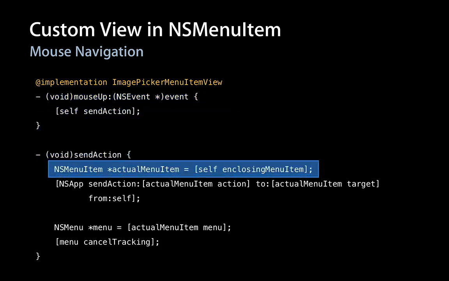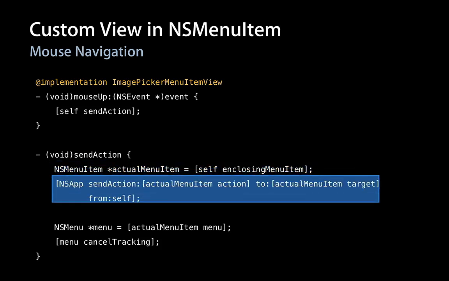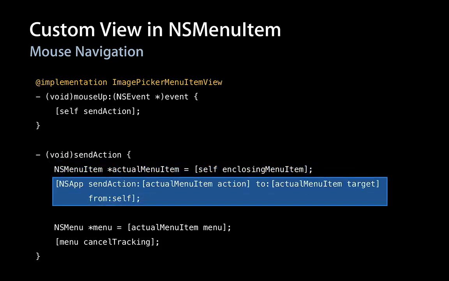And here's what we do when we send the action. There's a method on NSView called enclosingMenuItem. If you're associated with a menu item, and of course in this case we are, it'll return the menu item that you're associated with. And in this case, I call NSApp sendAction, and I actually get the action and the target that's already associated with the menu item that was wired up in Interface Builder, so I didn't have to do any additional work here. I could just wire it up in Interface Builder.